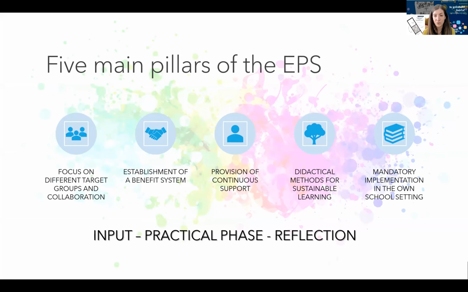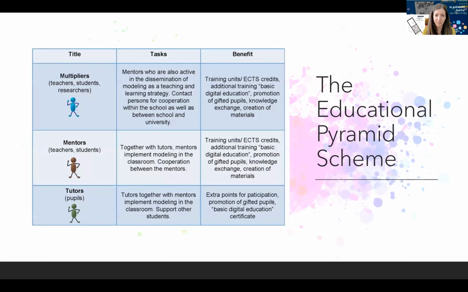And we also have different levels in our training system, and I will talk about that in more detail in a few minutes. The second pillar is that we establish a benefit system so that everybody gets something from the training. I will come to that in detail.